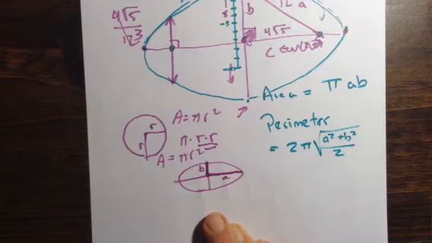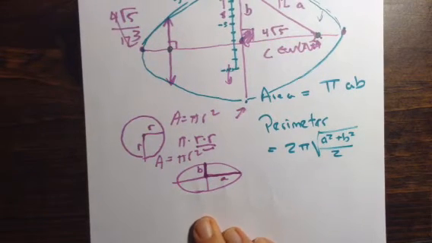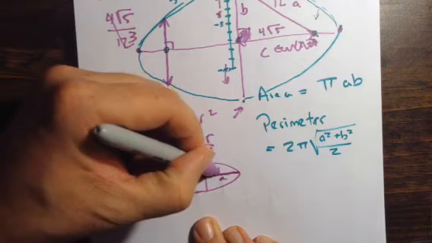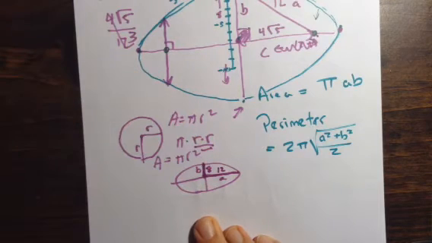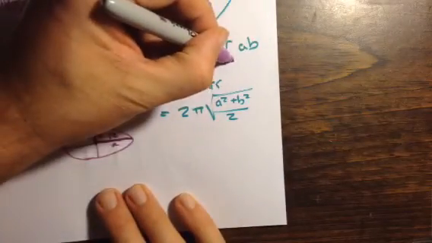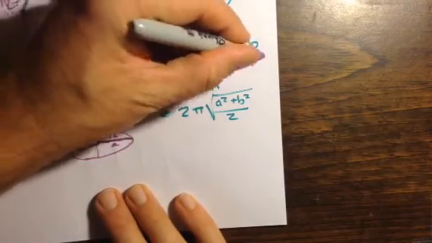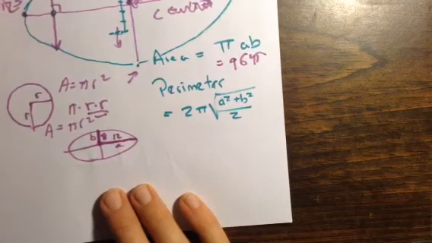It's going to work that easy. So it's going to be pi AB or pi BA, doesn't really matter. So in this case, what did we have? We had a 12, and we have 8, and what's that give me? 96. So 96 pi would be your area of that ellipse.